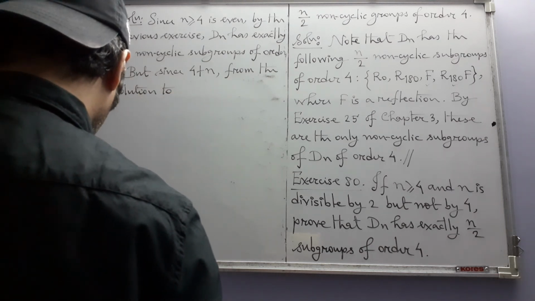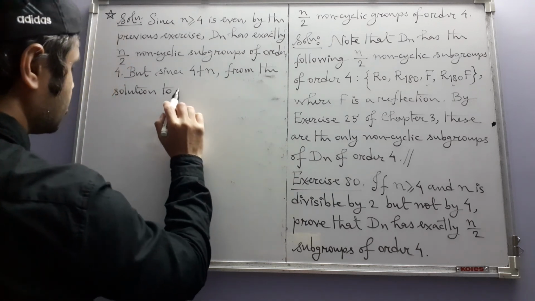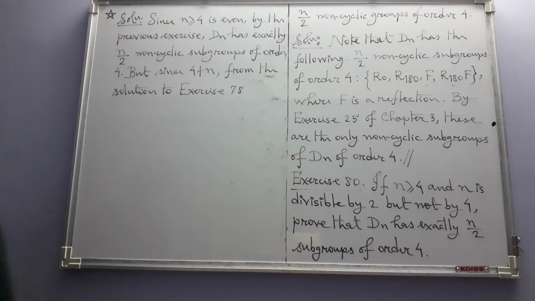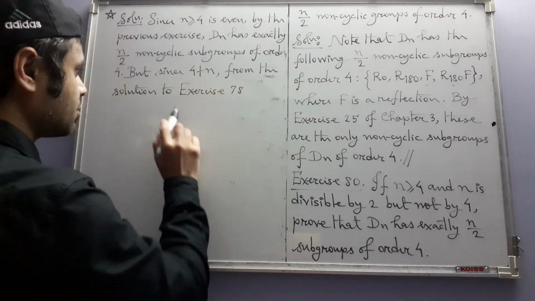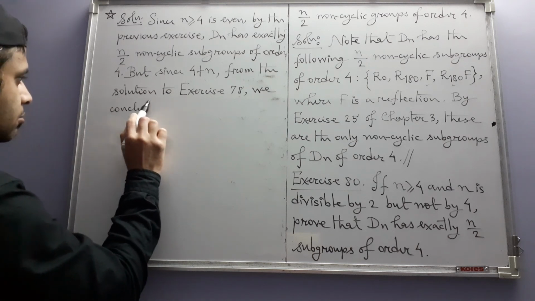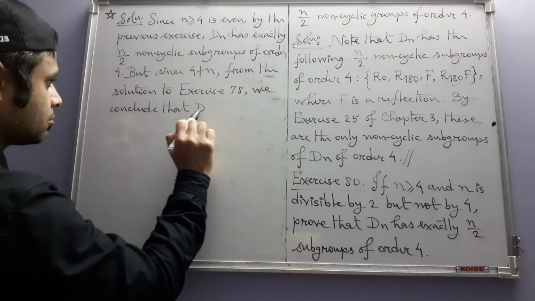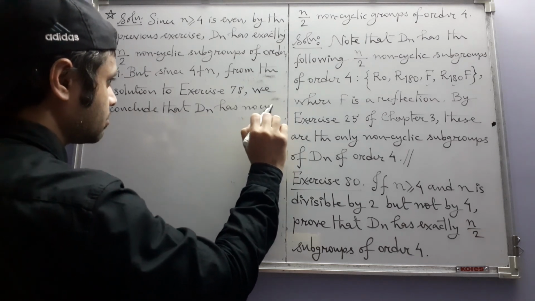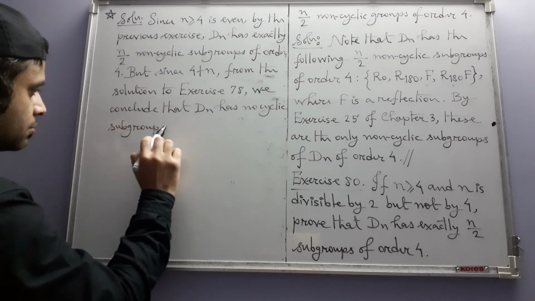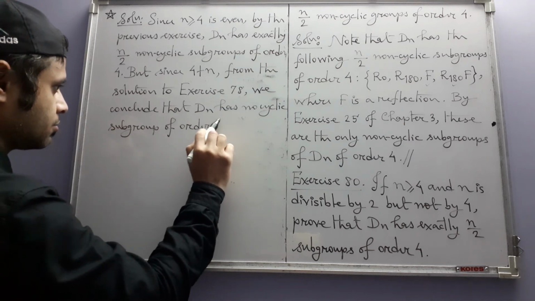exercise 78, which asks us to prove that when Dn has no subgroup of order 4, yeah, that one, since 4 does not divide n, we conclude that Dn has no cyclic subgroup of order 4.